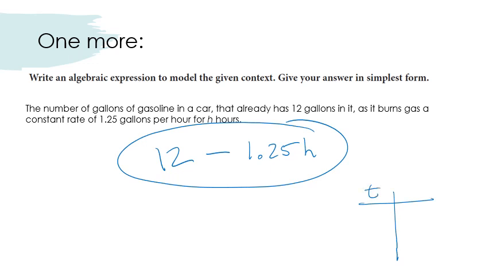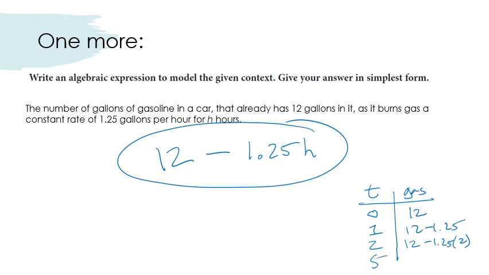And see how it works. Let's say this is time and this is gas. Right at the beginning, we've got 12 gallons. We haven't been driving. In 1 hour, we have 12 minus 1.25 gallons of gas. In 2 hours, we'll have 12 minus 1.25 times 2, because I'm going to burn 1.25 gallons the first hour and then another 1.25 the second hour.